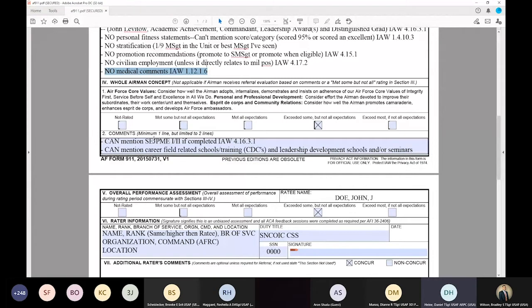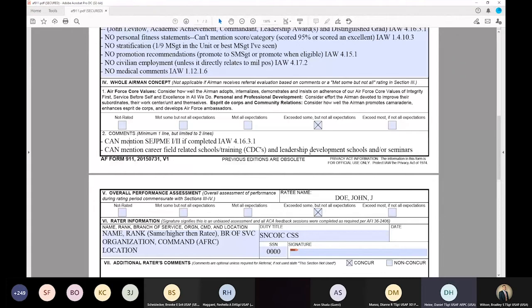The member can have senior enlisted joint PME 1 or 2 mentioned if they completed it. They cannot mention if they enrolled or they're halfway through. They can mention if they completed it only. And then any career field related schools, training, CDCs, college, degree requirements, those are acceptable on the report.